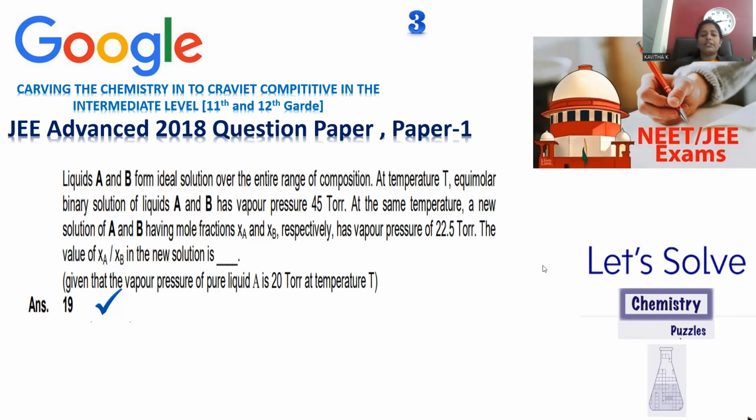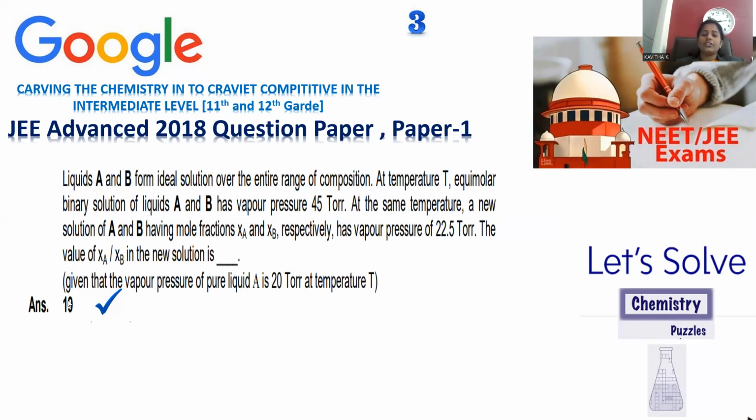At the same temperature, a new solution of A and B having mole fractions XA and XB, we can say chi A, chi B as well, has a vapor pressure of 22.5 bar. The value of chi A by chi B in the new solution is to be determined, so the ratio is to be found.